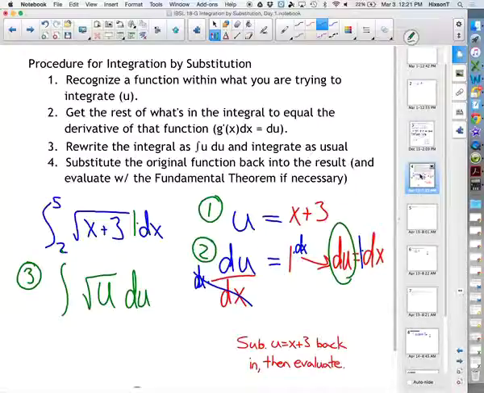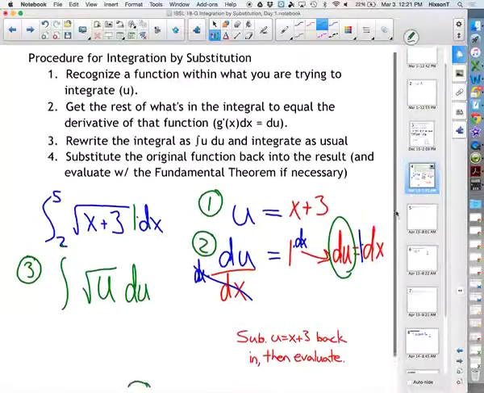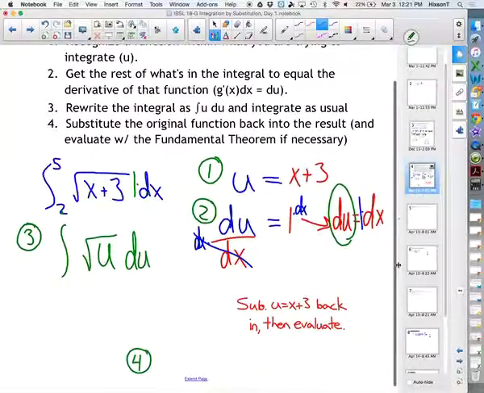So here's a common mistake that people will make. We've rewritten the integral, step 3, as the integral of u to the 1/2. We're going to integrate it as usual, so the integral of u to the 1/2 is now u to the 3/2 times 2/3.